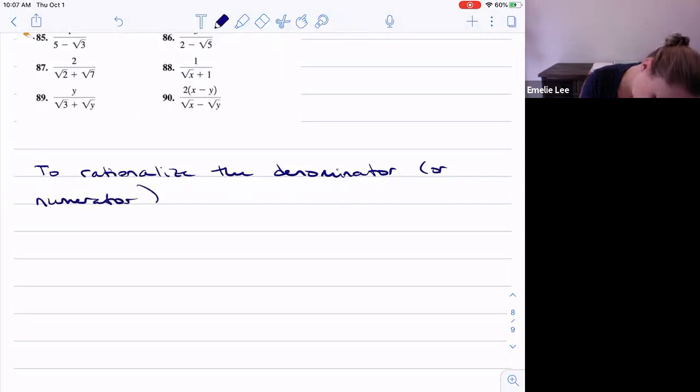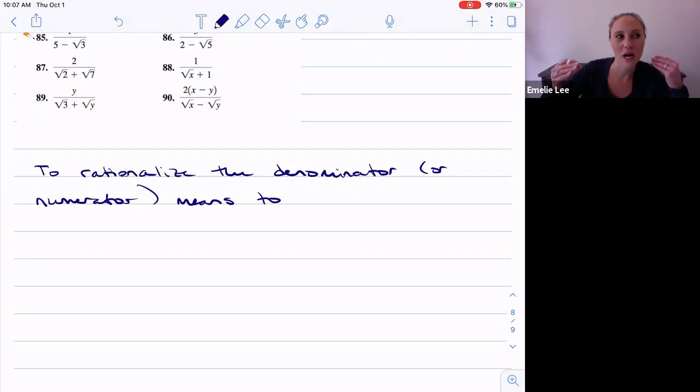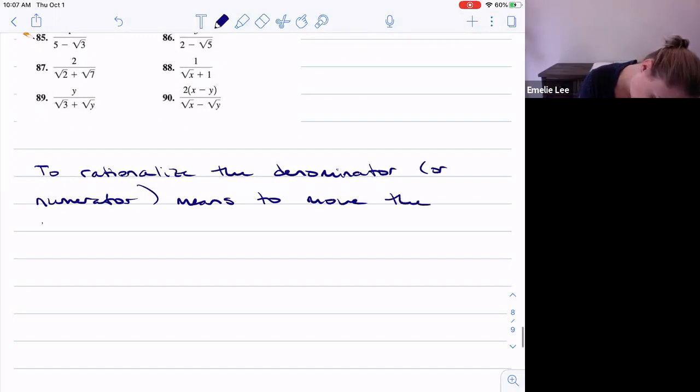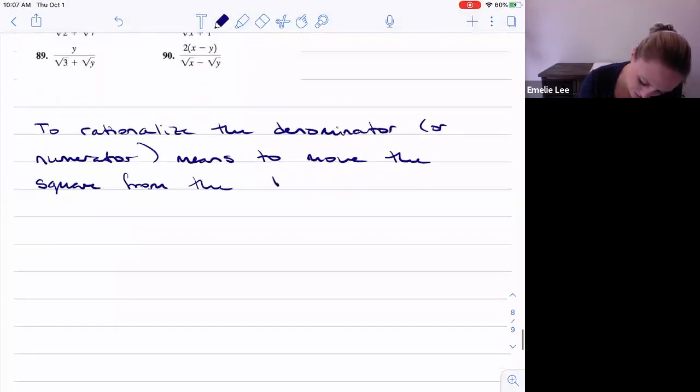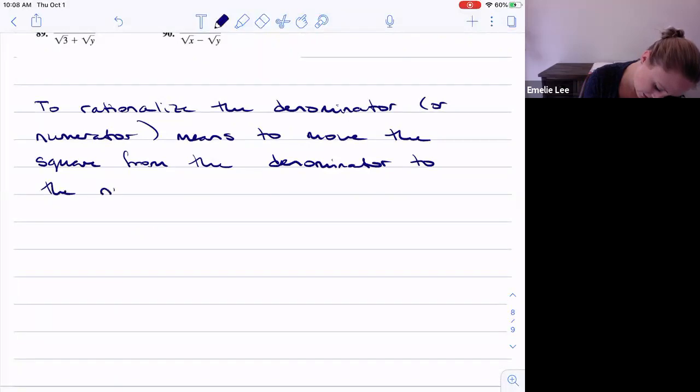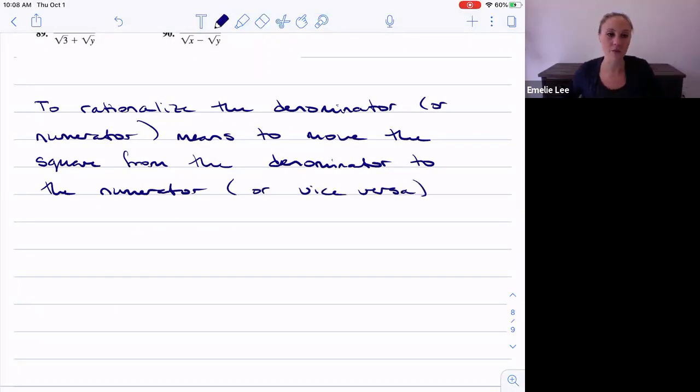To rationalize means to move the square root from the denominator. It has to go somewhere, so from the denominator to the numerator, or vice versa, right? If it's in the numerator.